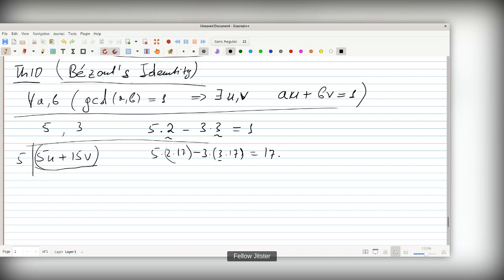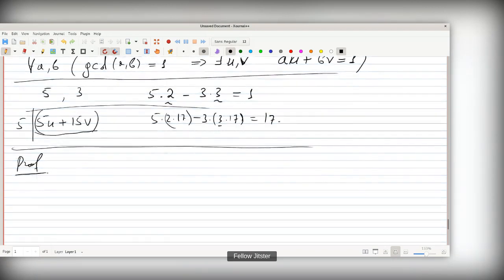And this fact proves important for solving equations for integer variables. Okay. Now let us prove Bezout's identity.